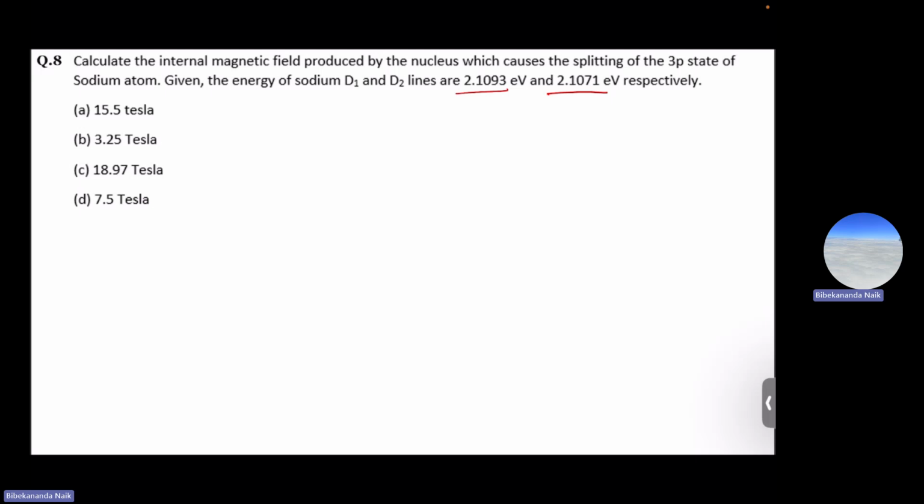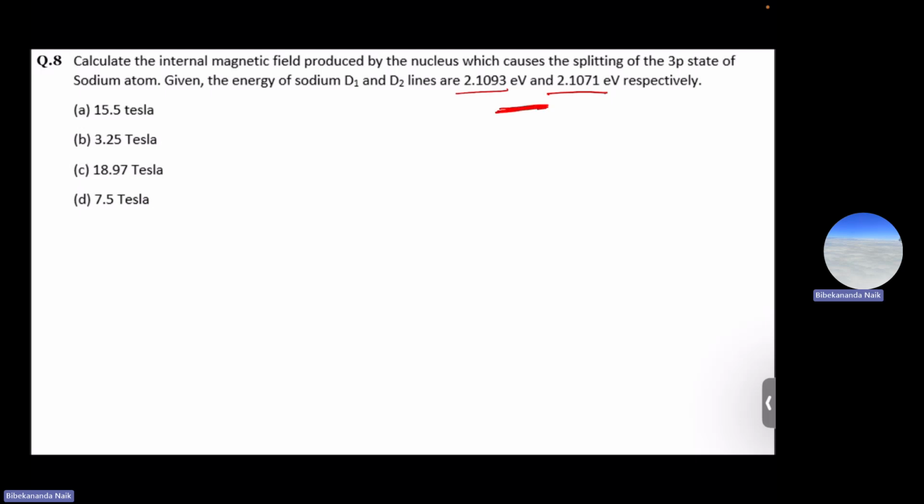So here we need to find out what was the magnetic field that was produced by the nucleus due to which a single level, that is the 3p state, gets split into D1 and D2. So the energy of the D1 and D2 lines are 2.1093 electron volt and 2.1071 electron volt. So here we need to find out what magnetic field was produced due to which the splitting between the two levels occurred, and the levels were separated by this energy.